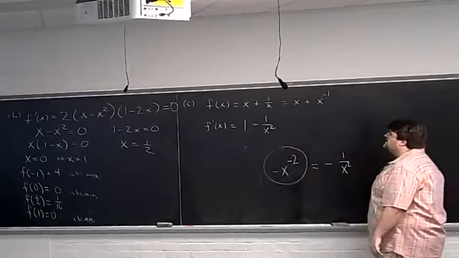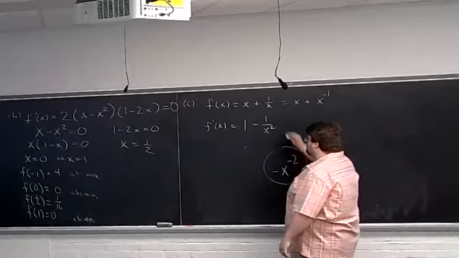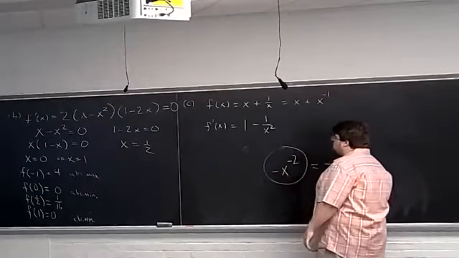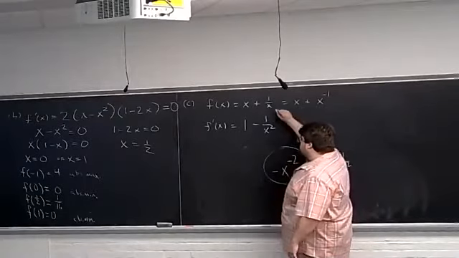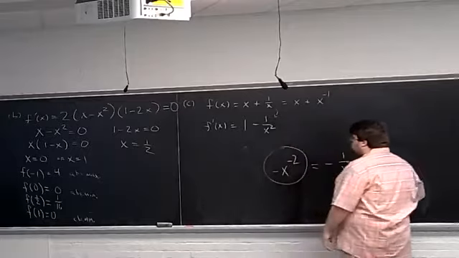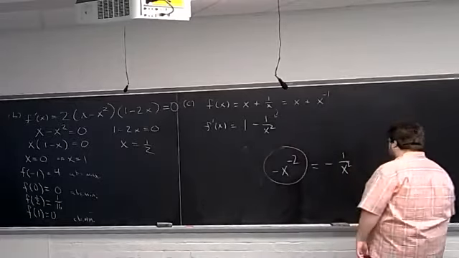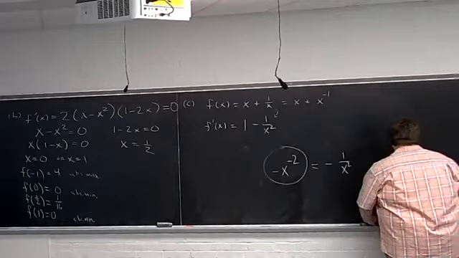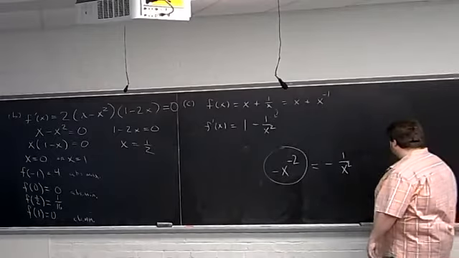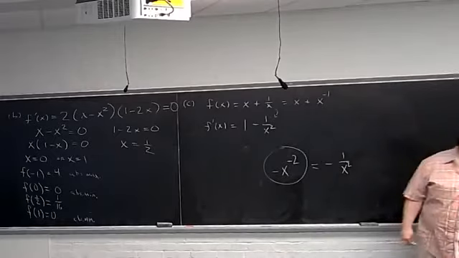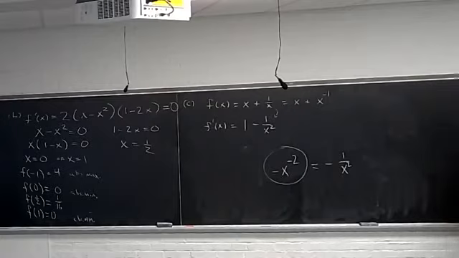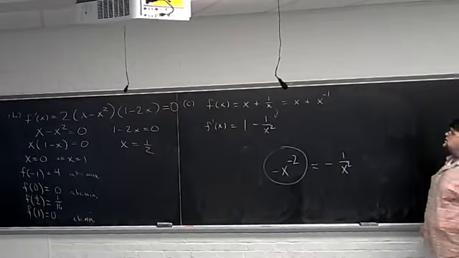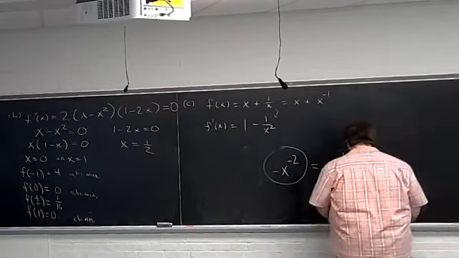This derivative shows up enough times that I think it's worth practicing jumping straight from 1 over x to negative 1 over x squared in its fractional form. It's going to show up in the video next week. It'll show up in a couple other applications. Any questions about finding this derivative?